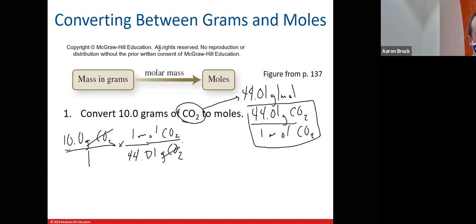My grams of carbon dioxide cancel. I'm left with just moles. 10 divided by 44.01, to 3 significant figures, would give me 0.227 moles of carbon dioxide.